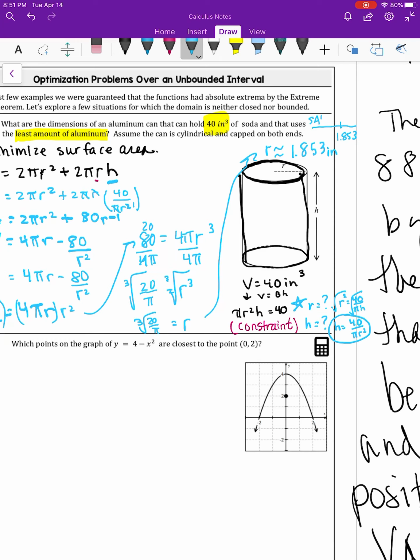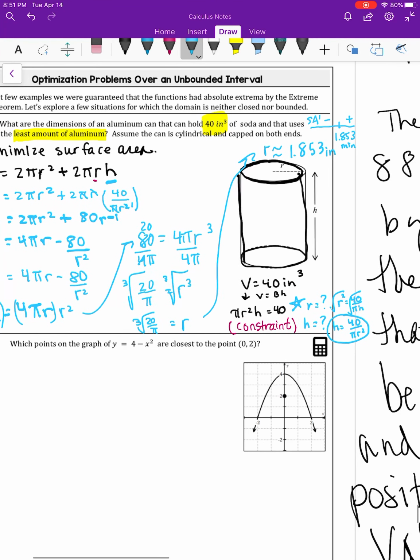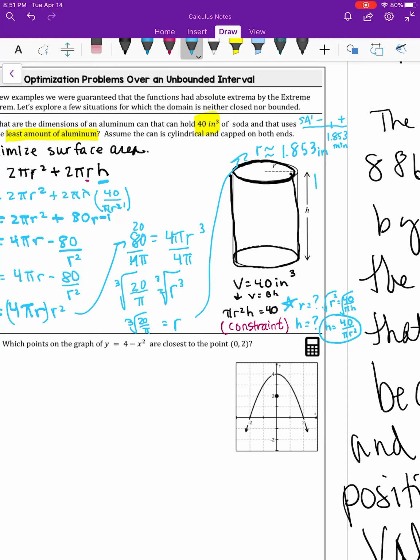And if you want to make sure that that is giving you a minimum, you can do your little sign chart with your surface area prime. You've got your 1.853, and I did that, and I put a value less than it in, and I got a negative. I put a value greater than it into the derivative, and I got a positive. So I verified that that was a min.